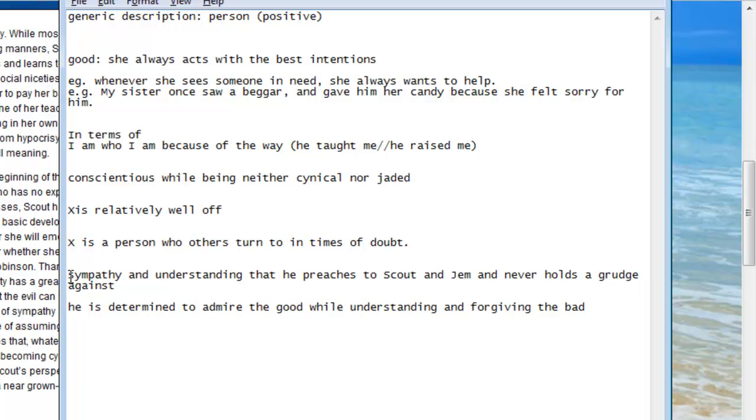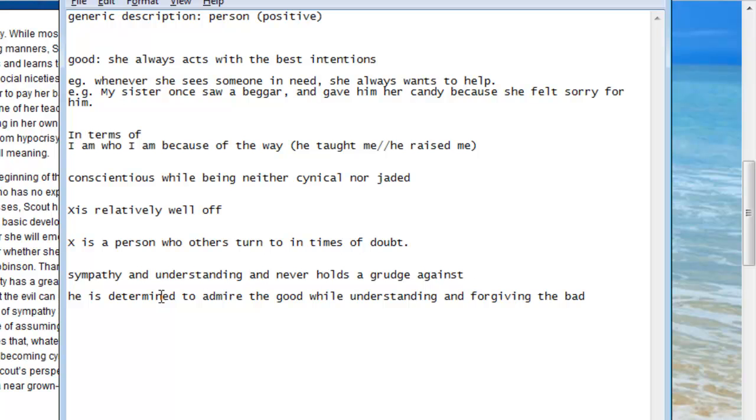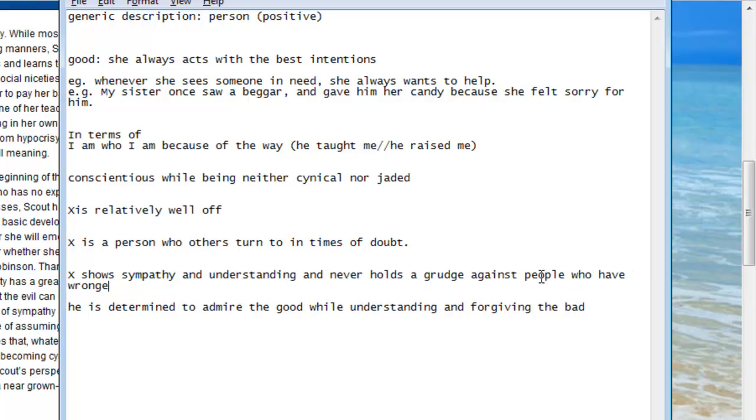Sympathy and understanding that he preaches to Scout, never holds a grudge. Okay. So we can say this person shows sympathy and understanding, never holds a grudge against people who have wronged him.